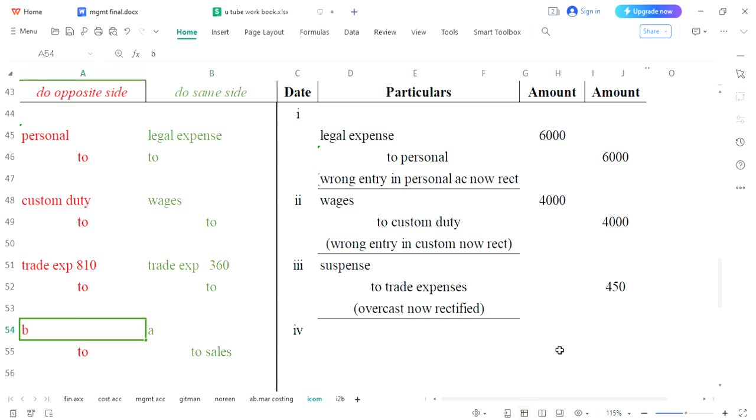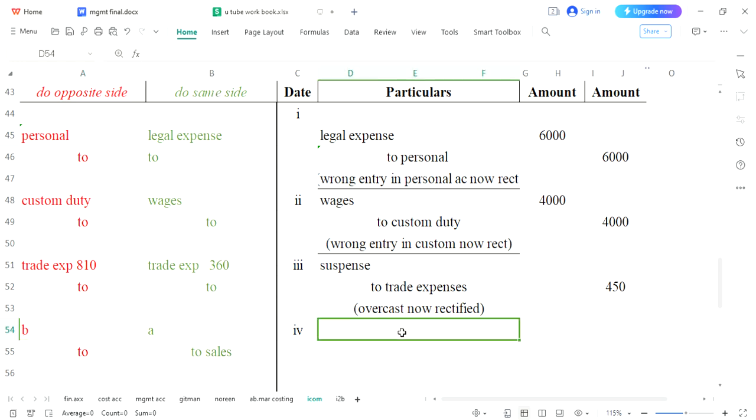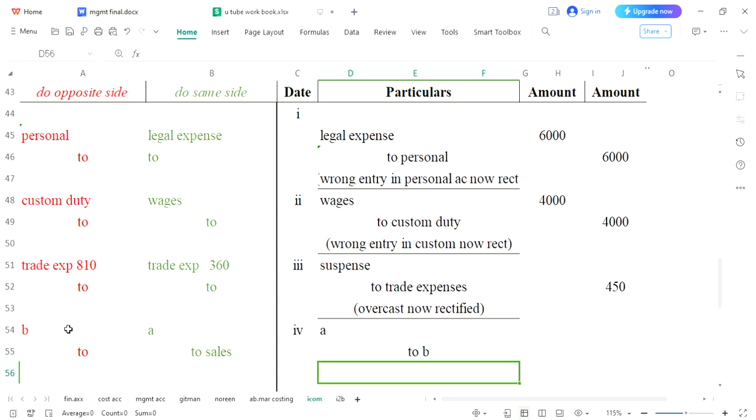So as usual, we will apply the same rule. Green will appear at the debit side, and this was the wrong entry. B was wrong. To cut it off, we will use the opposite place, that is B. A to B. Now wrong entry in B now rectified.